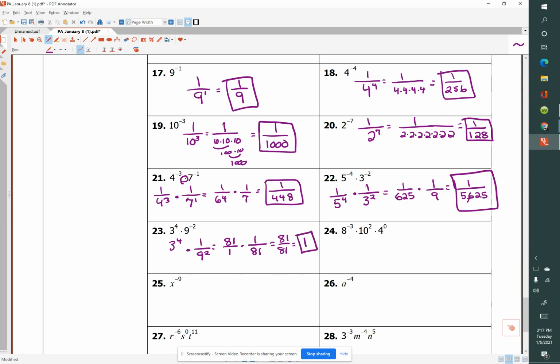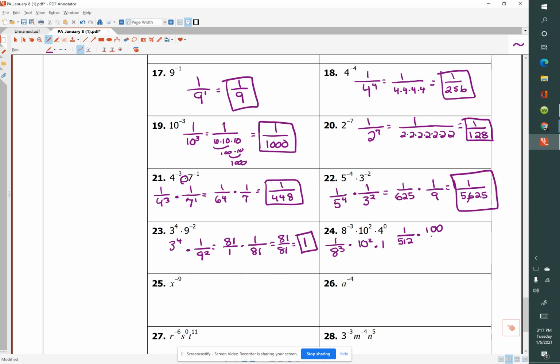Number 24. So we have 8 to the negative third. That would be 1 over 8 to the third times 10 to the second times 4 to the 0 power. Anything raised to a 0 power is 1. So let's rewrite this. 1 over 8 to the third is 512, times 10 times 10 is 100.